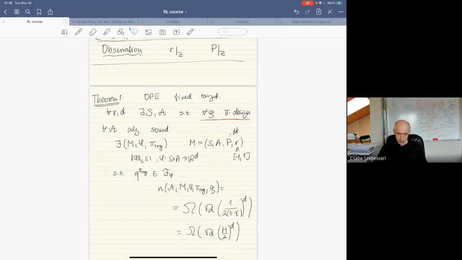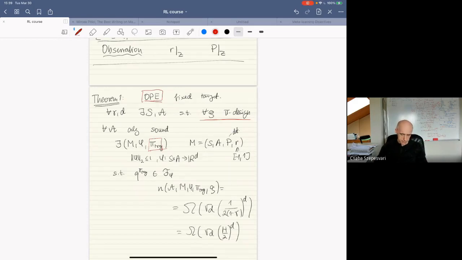This time it works. And so the first theorem in this paper of Andrea, we're talking about off-policy evaluation. There is a fixed target policy that the algorithm is going to get as an input.